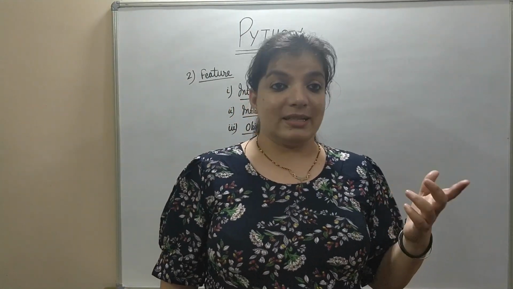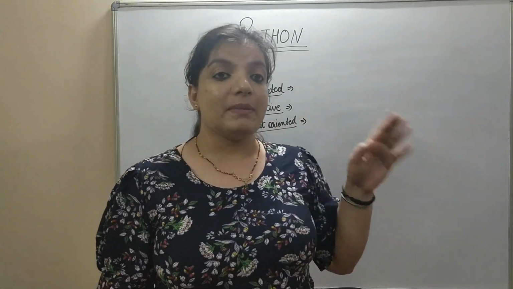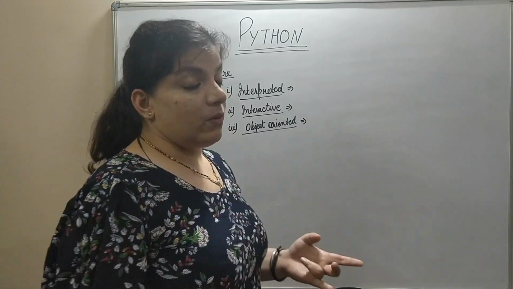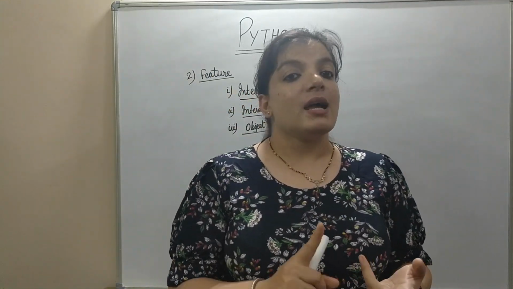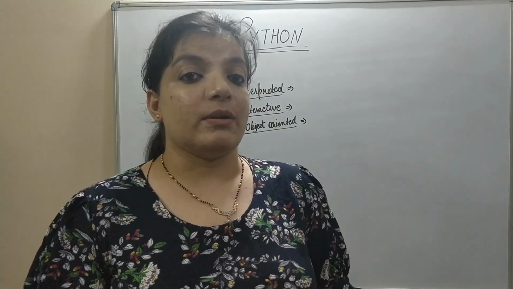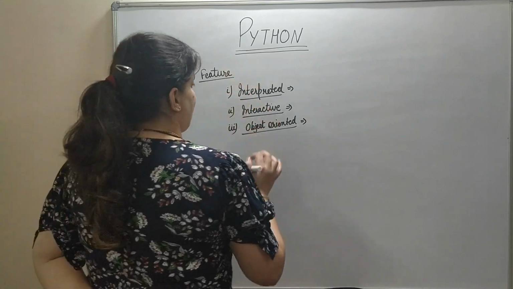So that's why one feature of Python is that it is object oriented. Python supports structural programming methods, functional programming methods, as well as object-oriented programming methods. So this is a feature of the Python programming language.